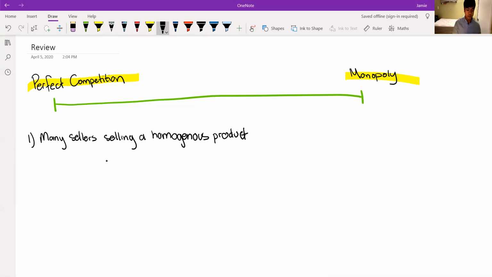Homogeneous meaning identical. So each producer, each seller, sells exactly the same thing.